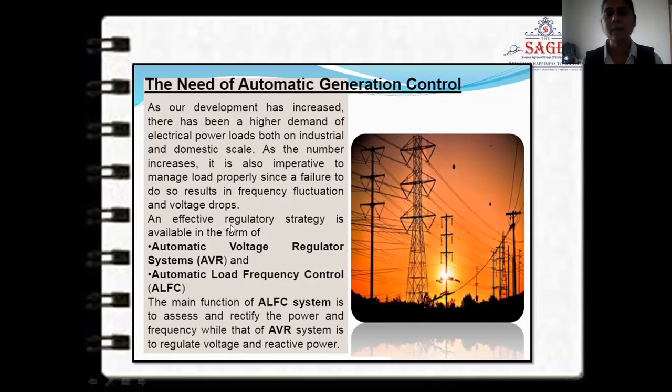An effective regulatory strategy is available in the form of the automatic voltage regulator, AVR, and automatic load frequency control. The main function of the ALFC system is to assess and rectify the power and frequency, while the AVR system is to regulate voltage and reactive power.